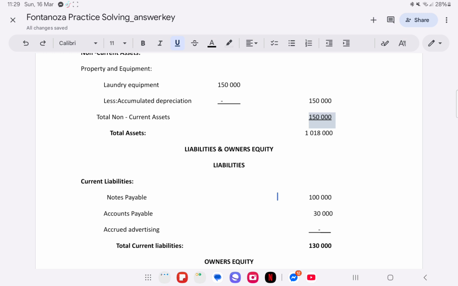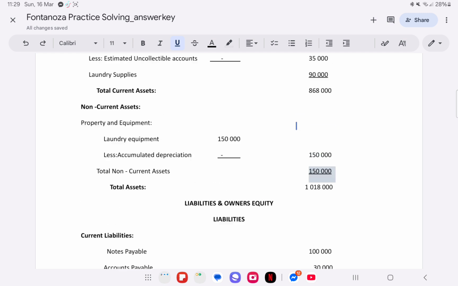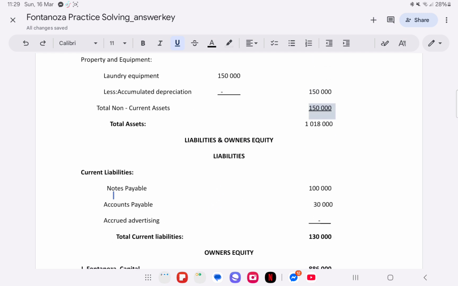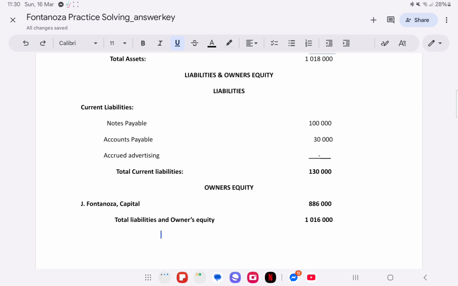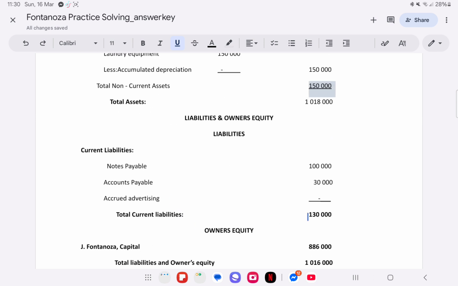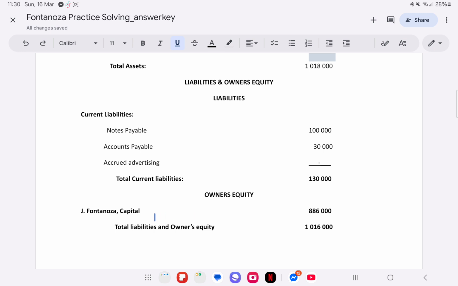Correct, if you're going to compute that. Then in current liabilities, notes payable 100,000, accounts payable 30,000. It is already in the trial balance. Accrued advertising, no data yet. Then total current liabilities is 130,000.